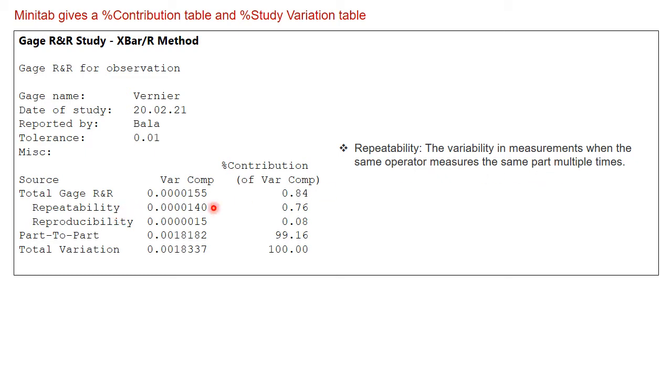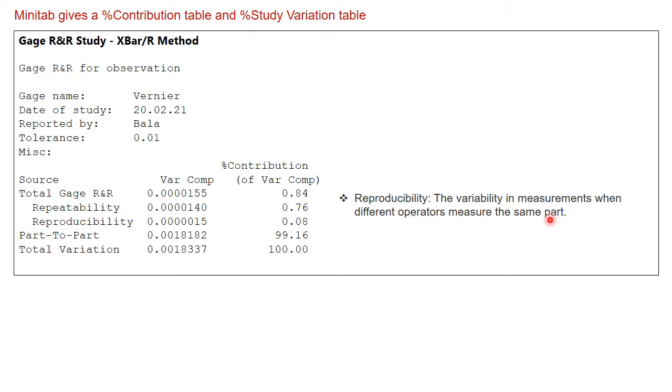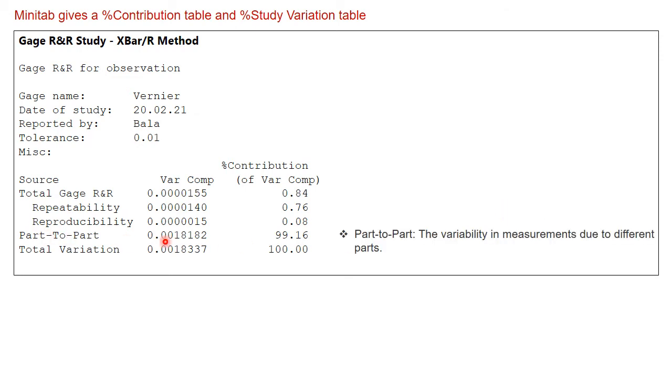So when the same operator measures the same part multiple times, the variation between those measurements is called repeatability. Reproducibility is the variability in measurements when different operators measure the same part. So when the same part is measured by different operators, the variation observed is called reproducibility. And part to part variation is the variability in measurements due to different parts. Different parts have different dimensions, so that is what part to part variation is.